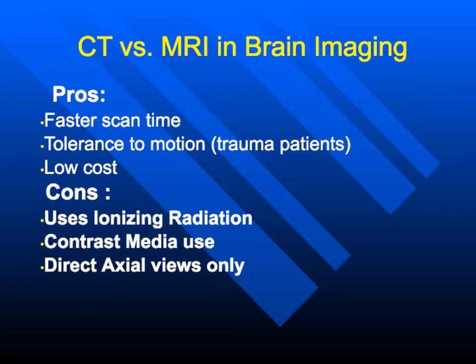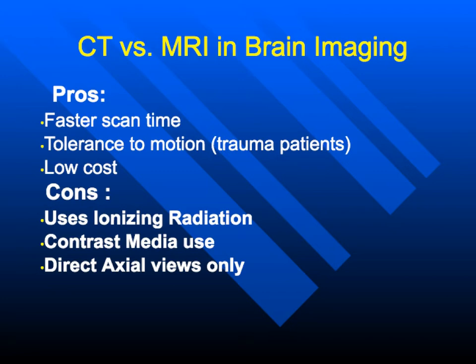We still don't let pregnant women go into MR within their first trimester, and it takes longer. It has a very loud noise, and some people are claustrophobic with MRI. So all of those could be good and bad things about both CT and MRI.